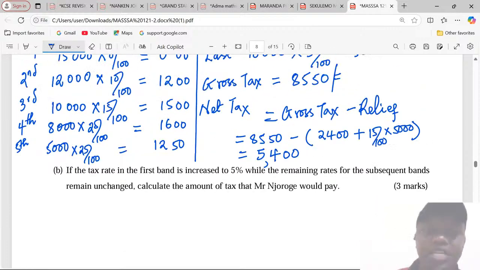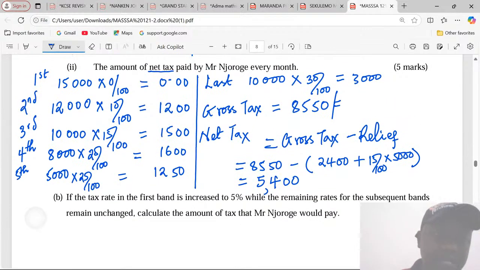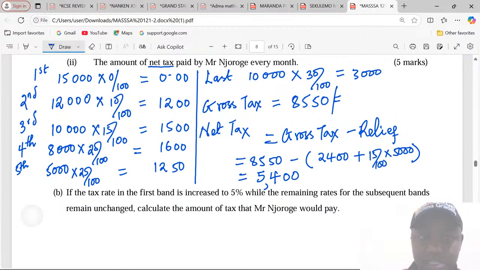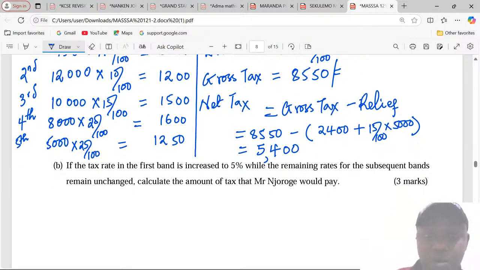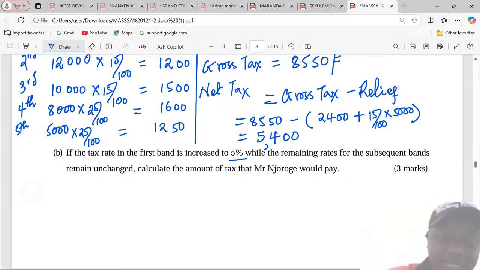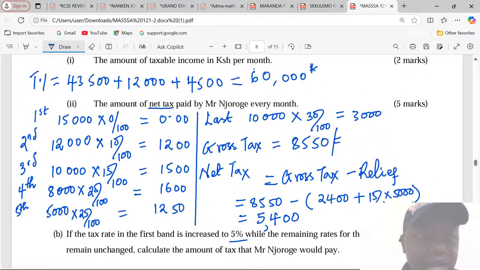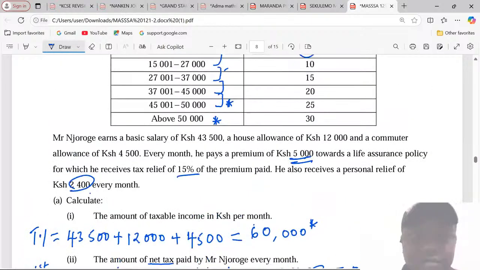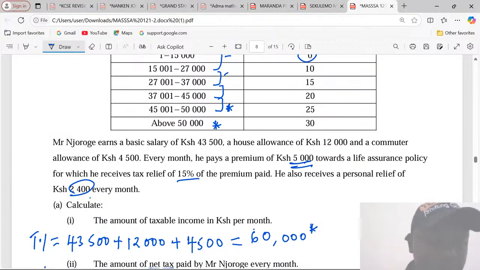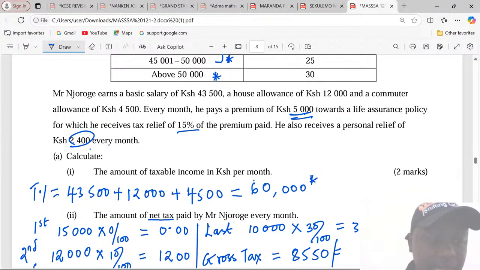So the only change is that in the first band, it will not be 0%. Now it goes to 5%. Maybe a new president got into power, and now the people earning 15,000 and below also began paying taxes.